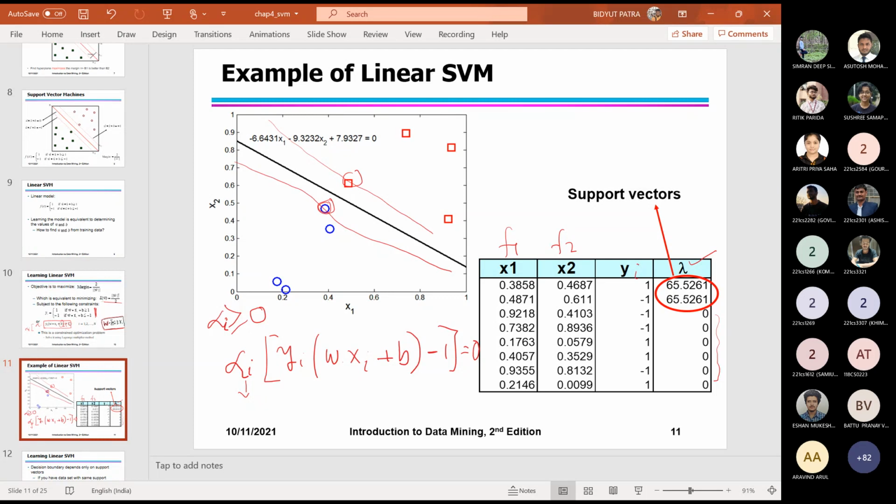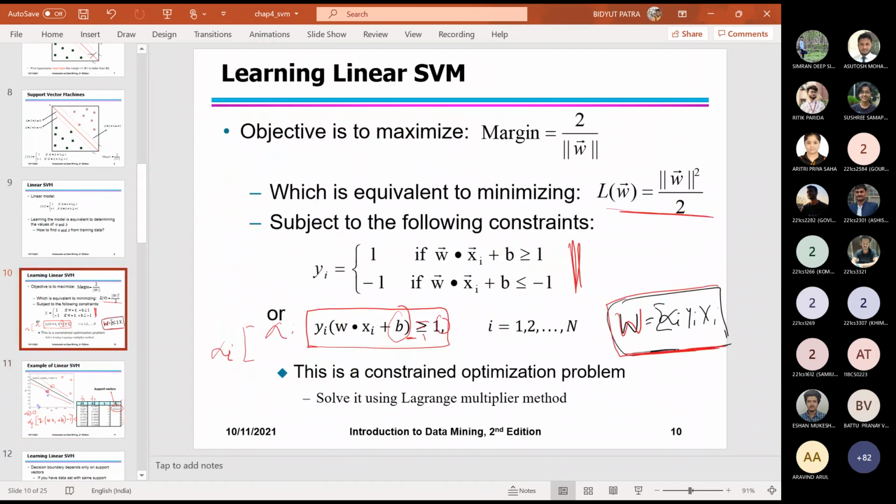Okay, so now what we have to do, we have to find what is w. Okay, so w is nothing but this vector. w equal to summation over alpha I yi xi, where yi is the class level, alpha I is the Lagrangian multiplier, xi is the training pattern.